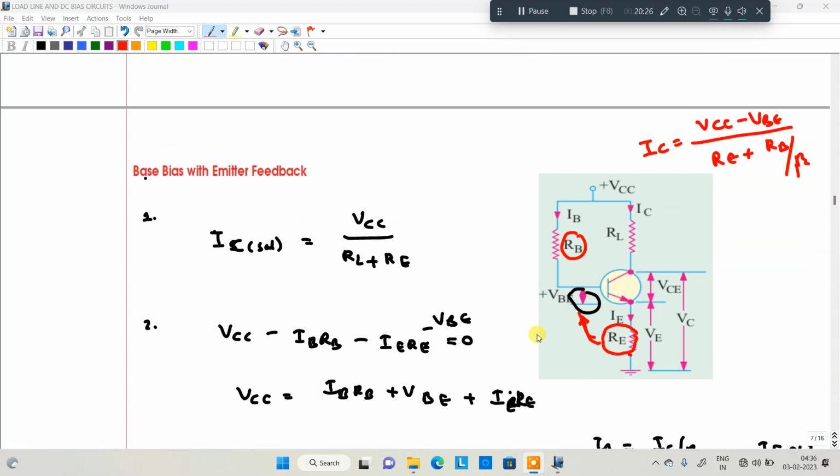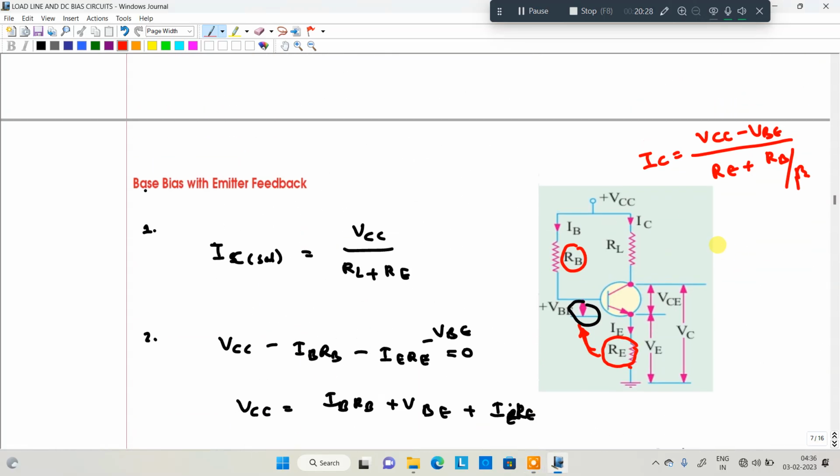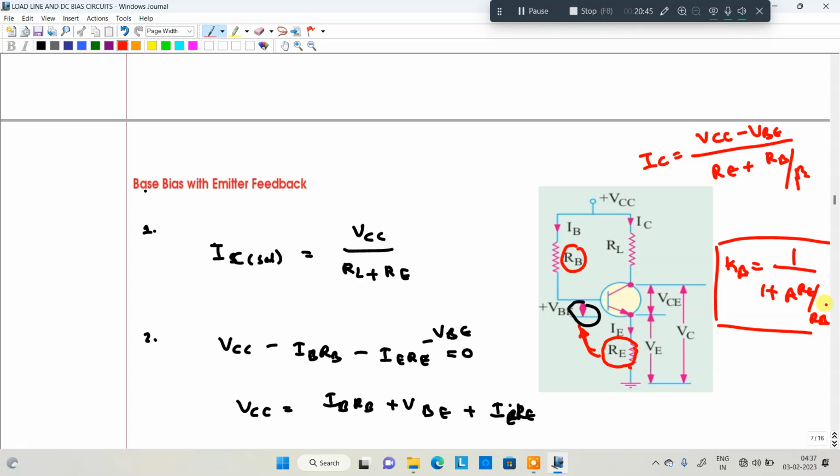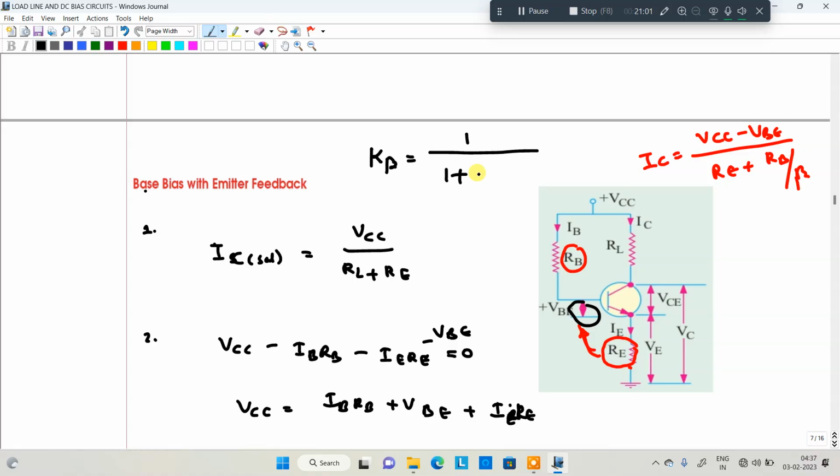K beta is equal to 1 divided by 1 plus beta RE divided by RB. This is the formula for K beta, a very important formula.